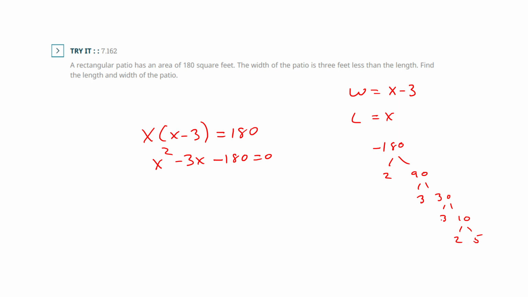So I've got 9, I'm not saying it off the top of my head, 15, oh, I found it.